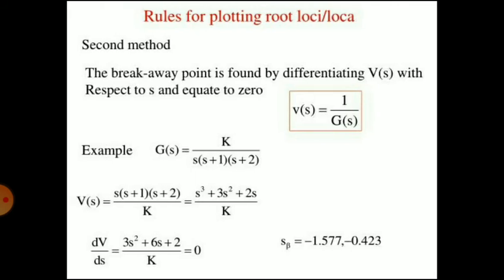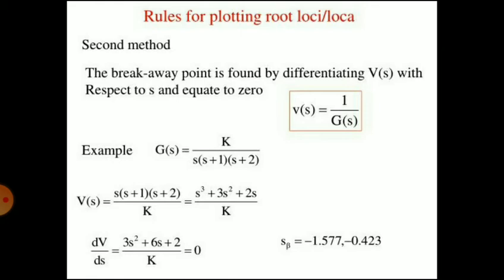Second method to find the breakaway point. The breakaway point is found by differentiating V(s) with respect to s and equating it to 0, as shown in the previous slide. So G(s) equals K upon s(s plus 1)(s plus 2), the transfer function given.